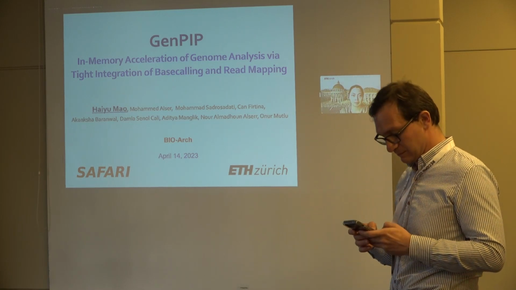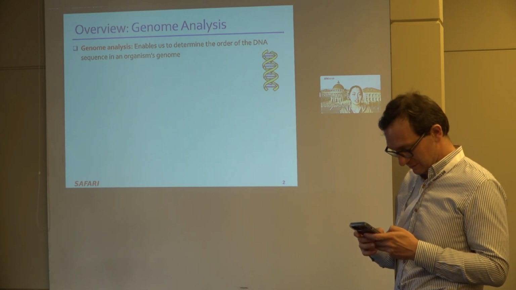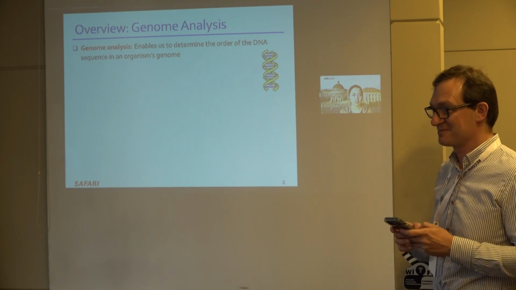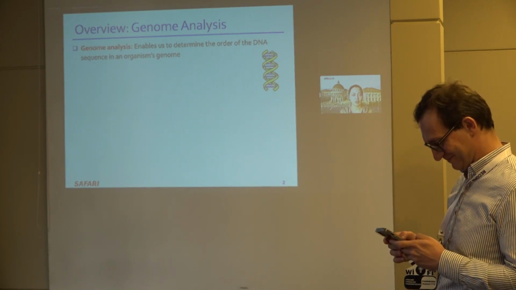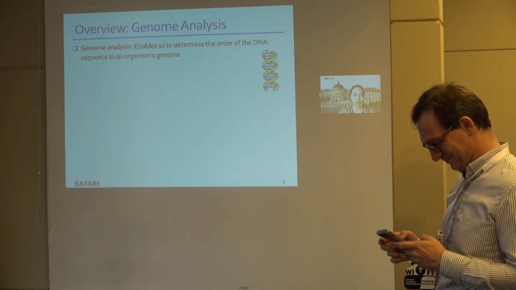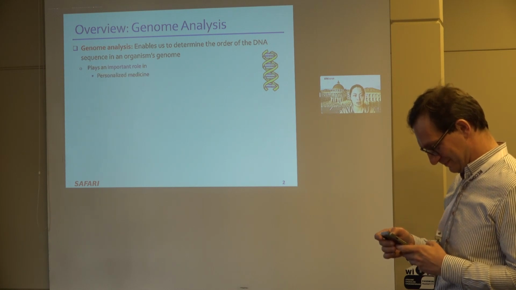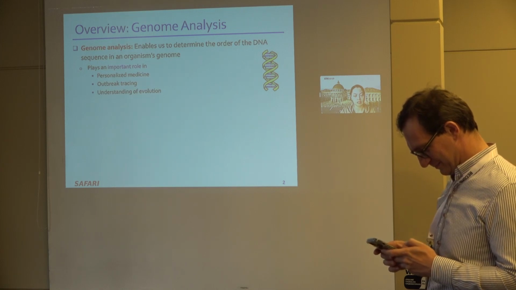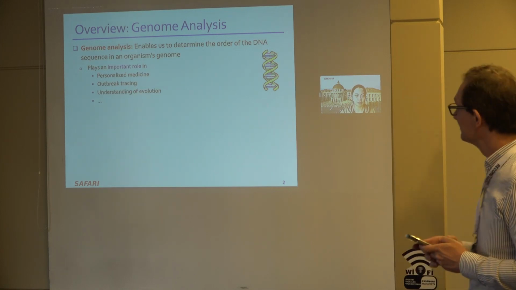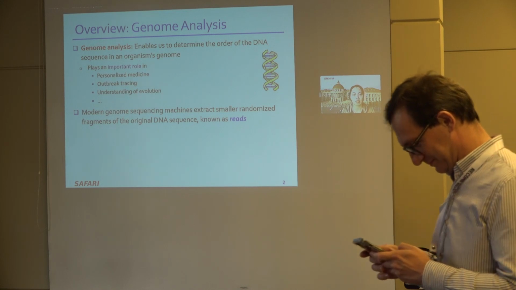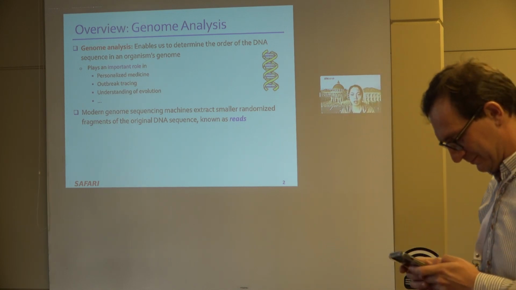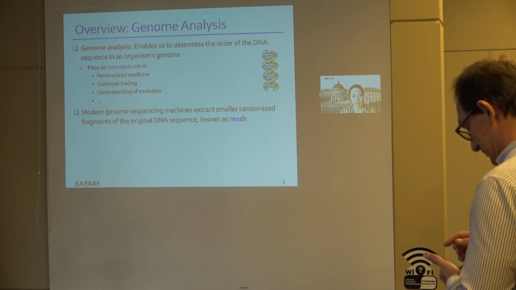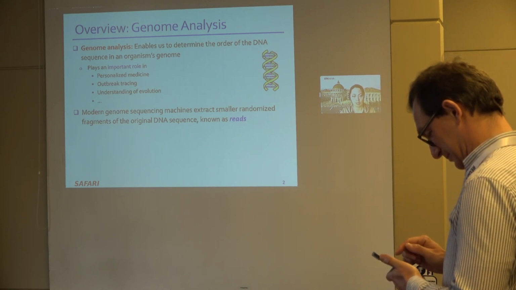Genome analysis enables us to determine the order of DNA sequence in the organism's genome, and it plays an important role in personalized medicine, outbreak tracing, understanding evolution, and so on. Modern genome sequencing machines extract smaller randomized fragments of the original DNA sequence, which are also known as reads.